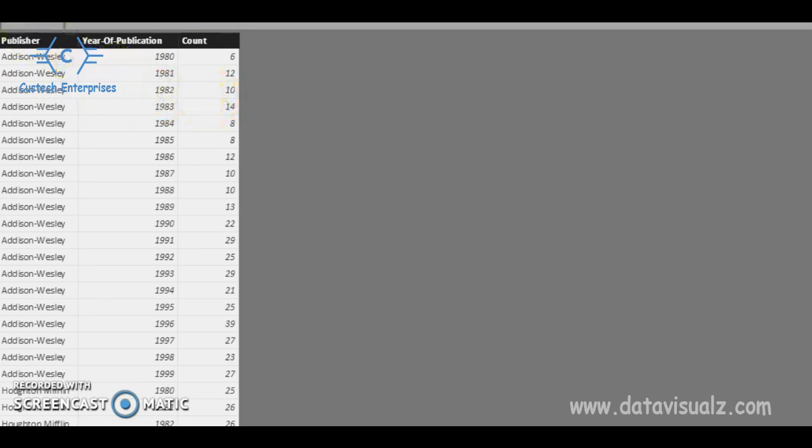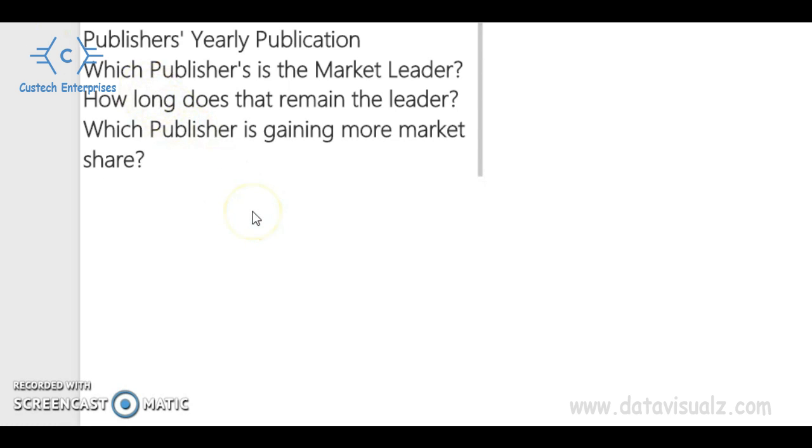Now, at the first step, what do we need to find out from that data? First of all, maybe the first metric is publishers' yearly publication. How many publications are they making on a yearly basis and comparative to other publishers? So that may be the first metric. Further, which publisher is the market leader in terms of number of publications?